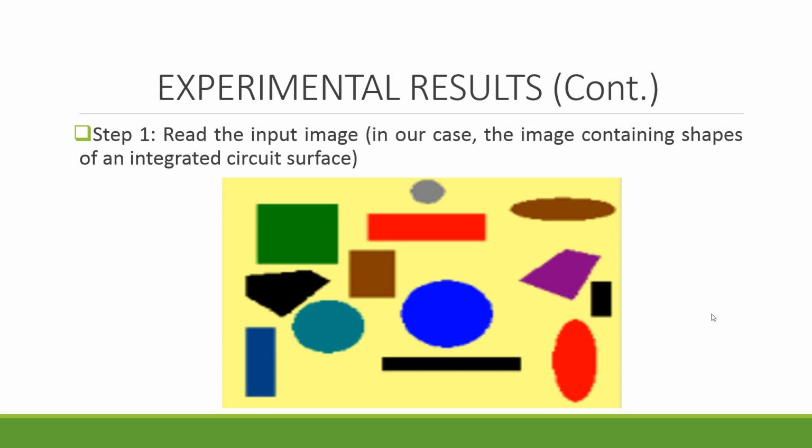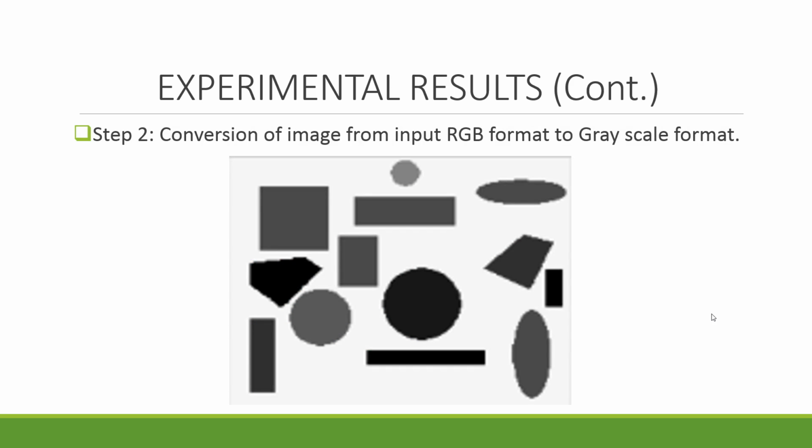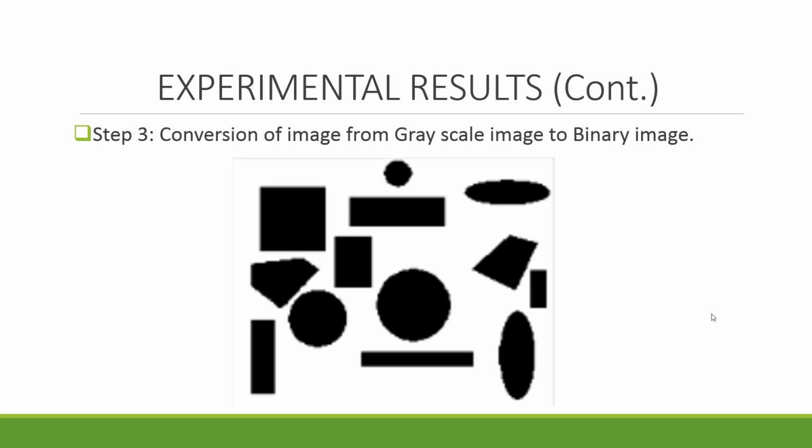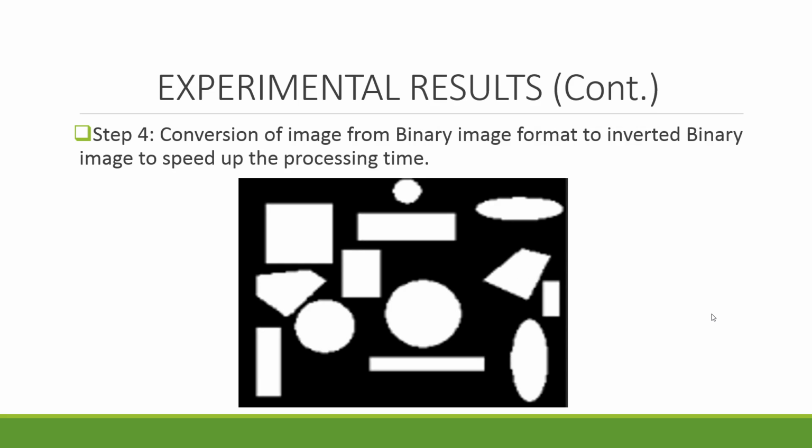Step 1. Read the input image. In our case, the image containing shapes of an integrated circuit surface. Step 2. Conversion of image from input RGB format to grayscale format. Step 3. Conversion of image from grayscale image to binary image format. Step 4.